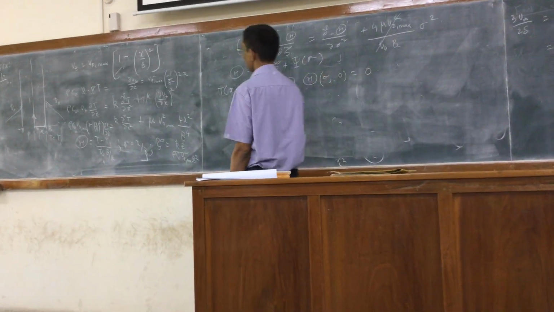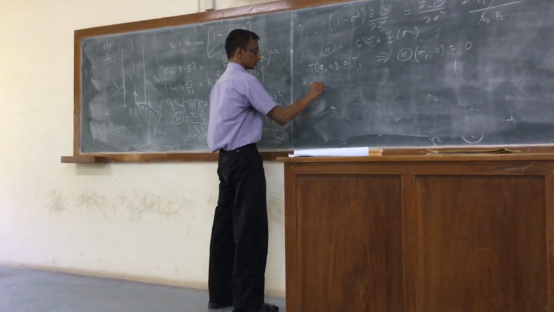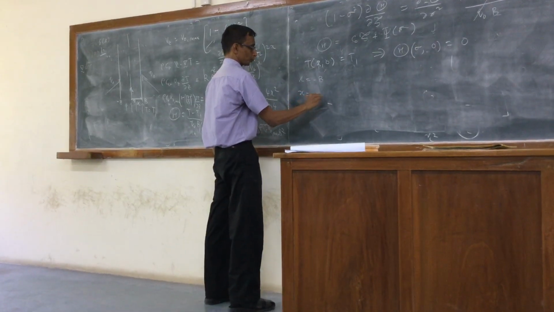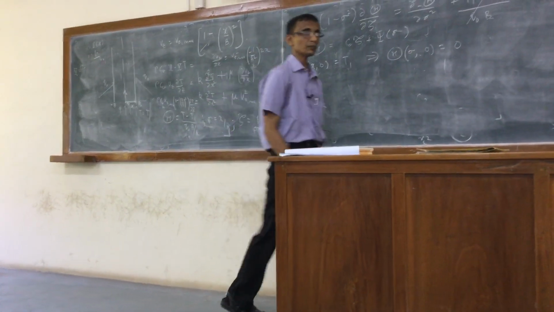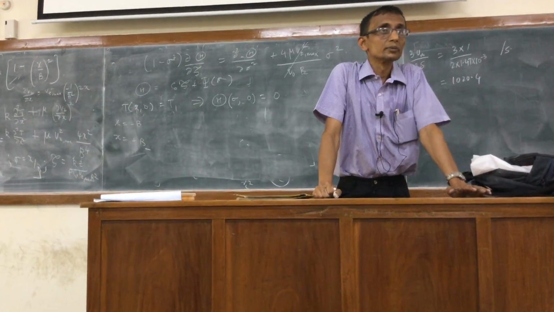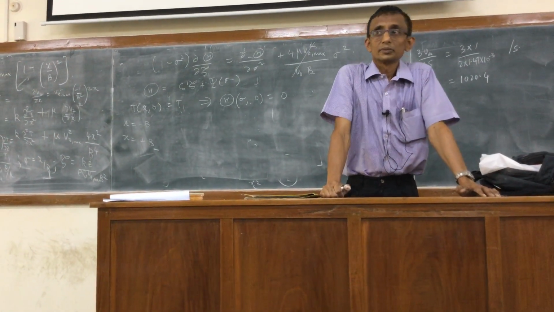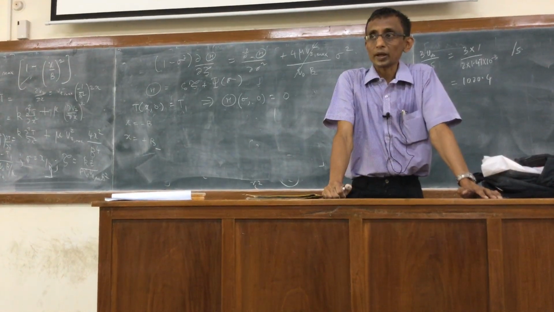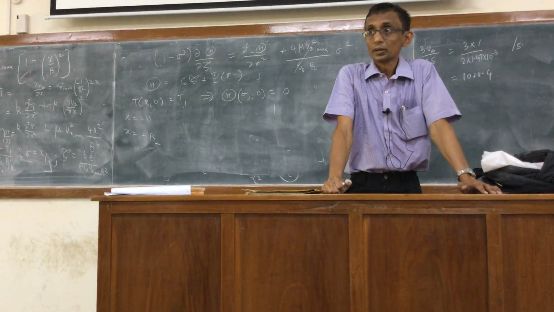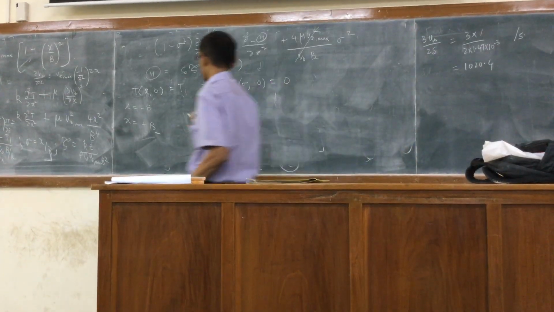So what can you say about the boundary condition? I have two boundary conditions, x equal to minus b and x equal to plus b. What would be the boundary condition? The flux boundary condition, k dT by dx.